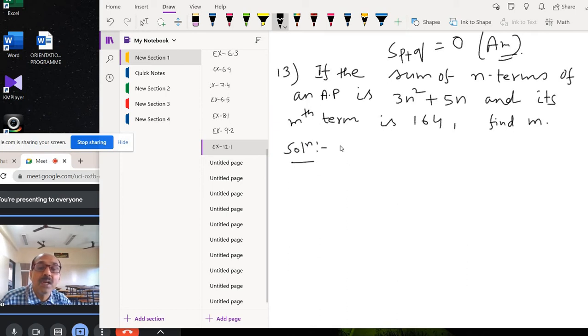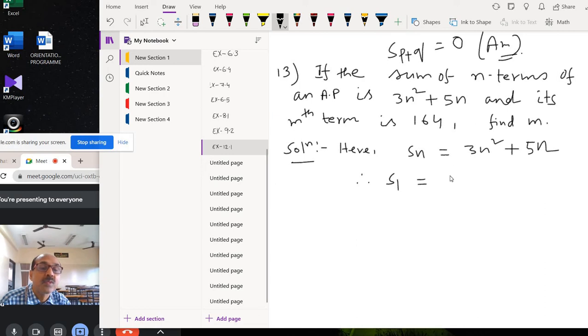So here Sn equal to sum of n terms. Sn equal to 3n square plus 5n. Okay. Therefore, S1, n we can take equals to 1.